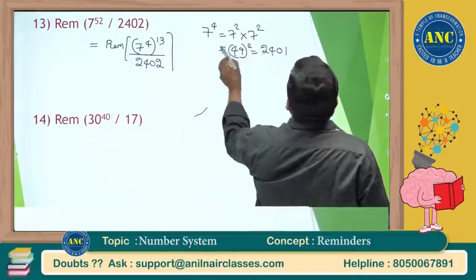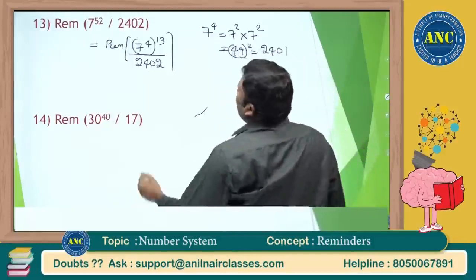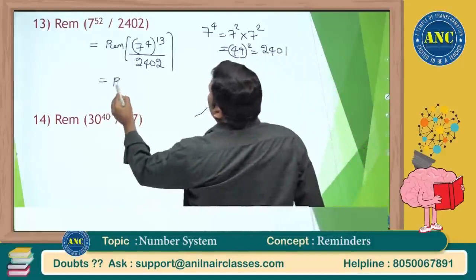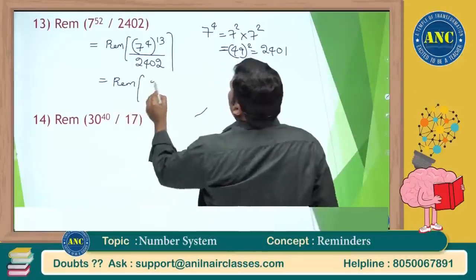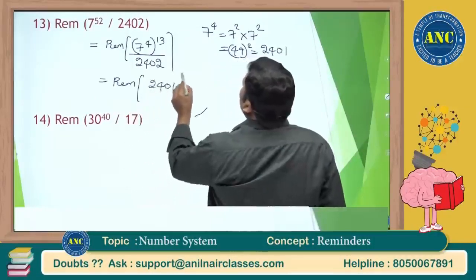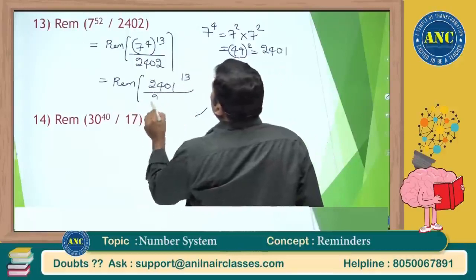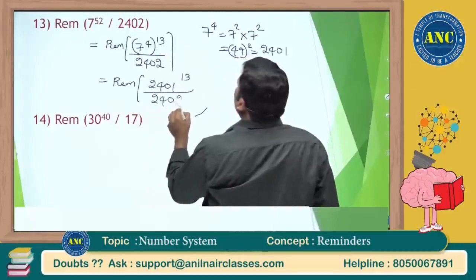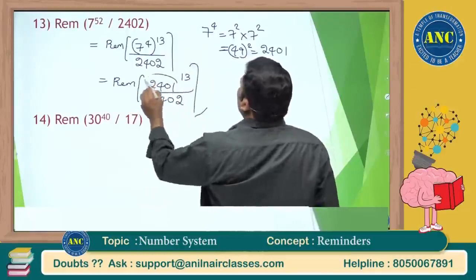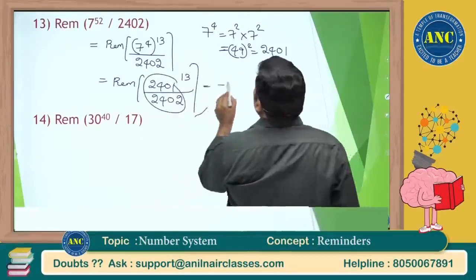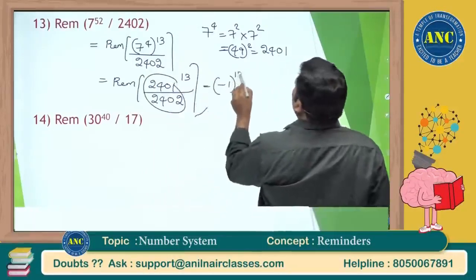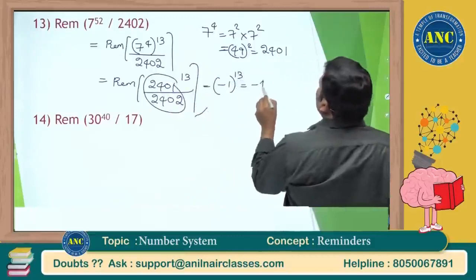So this is the remainder of 2401 power 13 divided by 2402. 2402 ones are 2402. It is minus 1. Minus 1 power odd is minus 1.